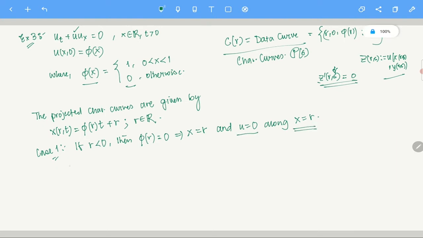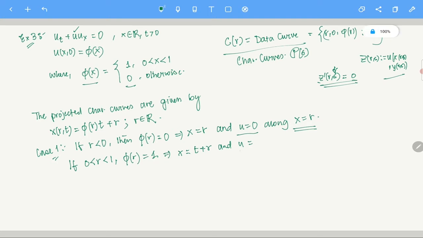Now, if R lies between 0 and 1, then what happens? Then phi of R is going to be 1, and that will imply x equals t plus R. Clear? And what is u in this case? Phi of R is 1, so initially at s equals 0, u is phi, so z is phi, basically z is u.